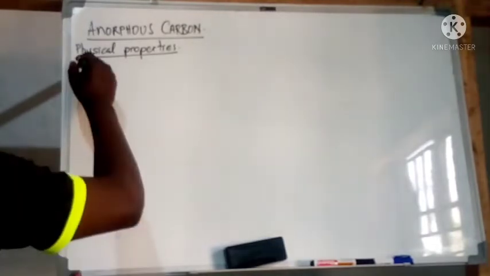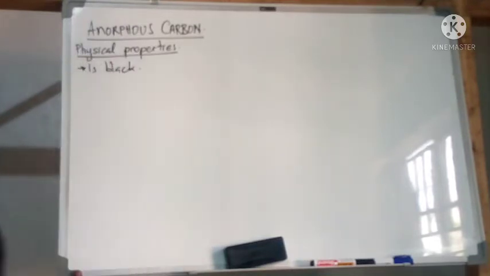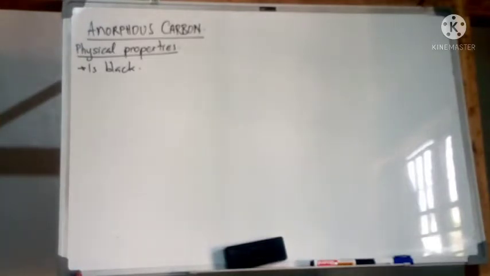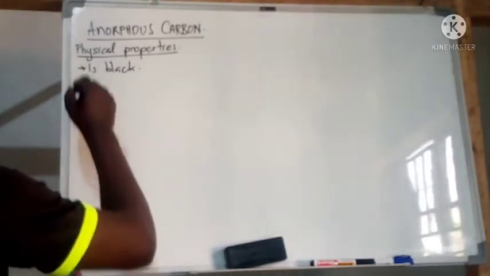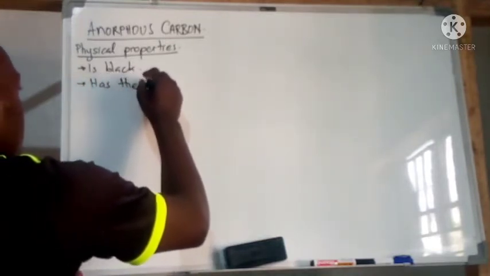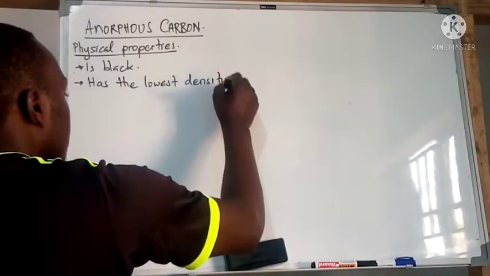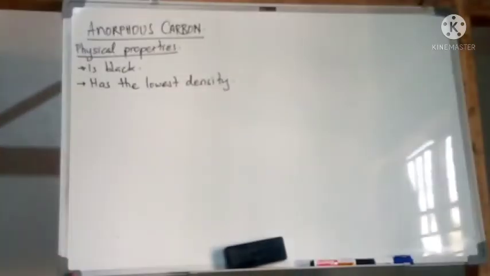So amorphous carbon is black. That is the color. And most commonly, the color of carbon is going to be black. Among all the allotropes of carbon, it has the lowest density. We are not going to quote the density because quoting is not necessary, but just know among the three main allotropes of carbon, it has the lowest density.